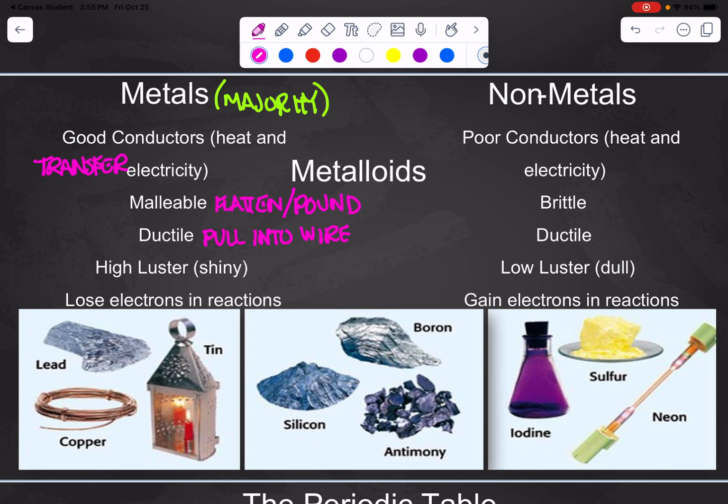Notice where you see high luster or shiny, it essentially reflects light. And notice that metals are very good at losing electrons. So we'll eventually talk about losing electrons with ions.